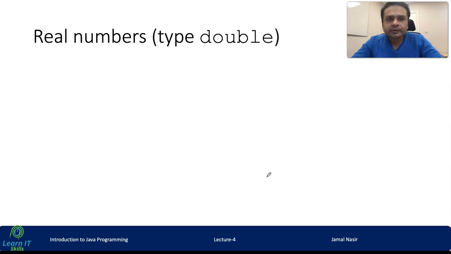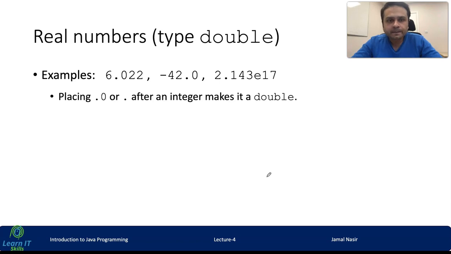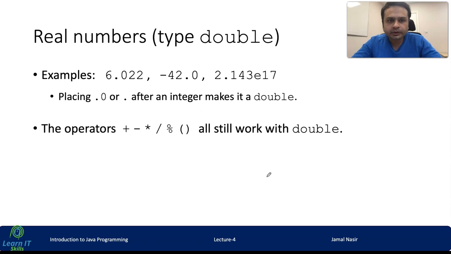So real numbers, double examples are 6.02 or minus 42.0, right? Or it could be any exponential number. So placing 0.0 or a point after an integer makes it a double. The operators all still work with double, obviously, math operators work on double as well.